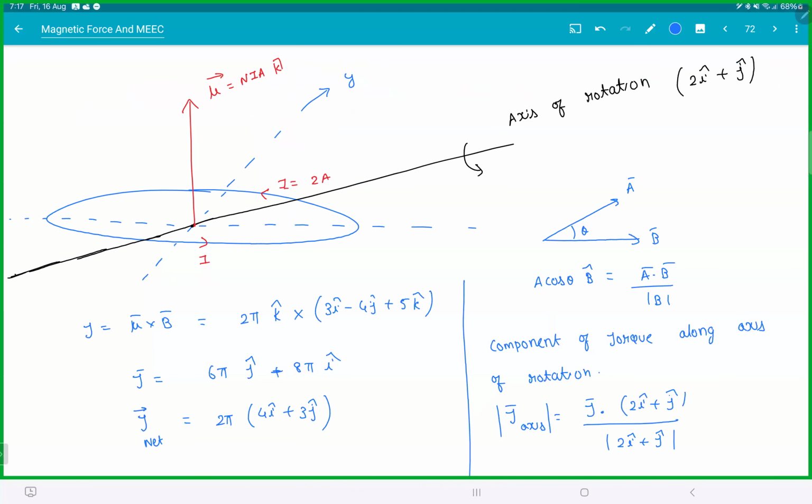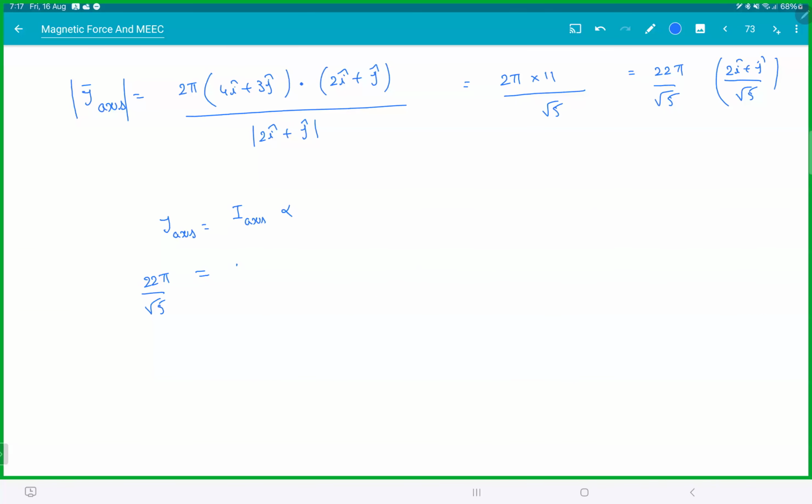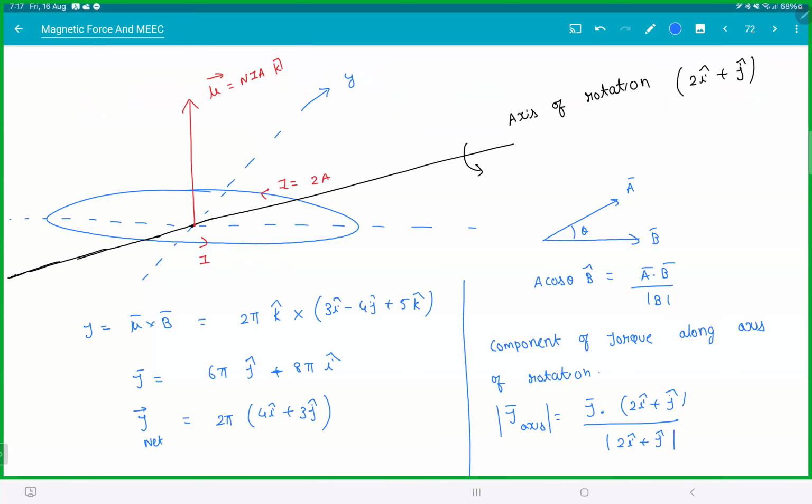What is I? Think carefully and tell. Don't tell me what comes first in your head. mr square by 2. The axis is in the plane of rotation. When will we get mr square?